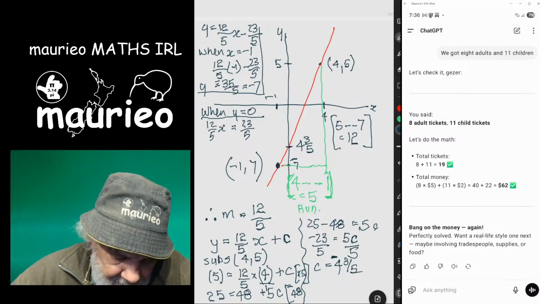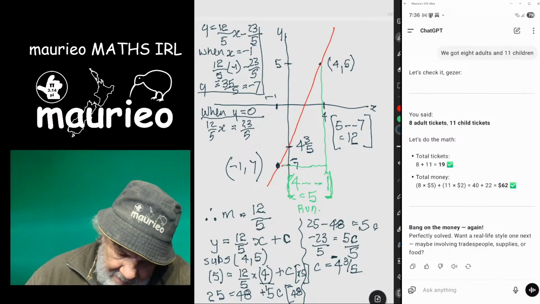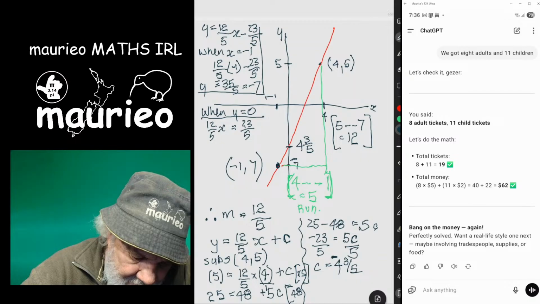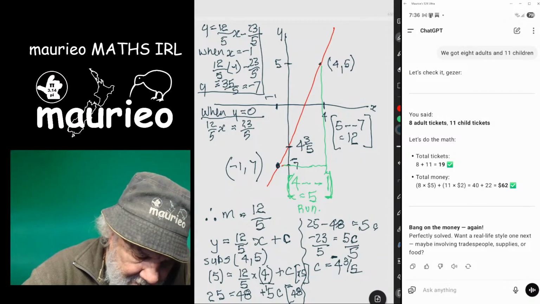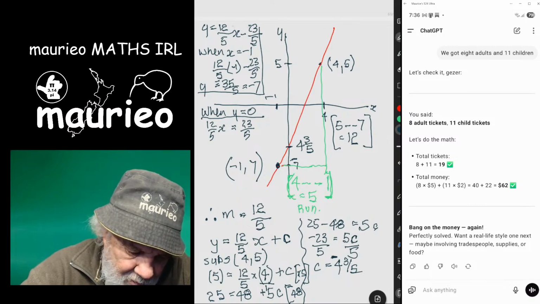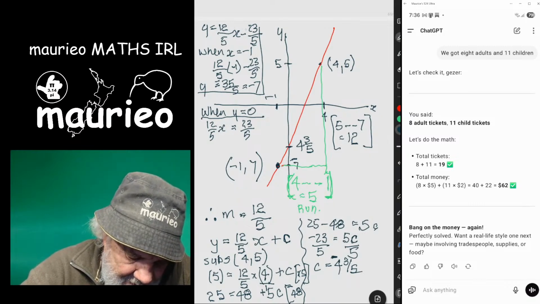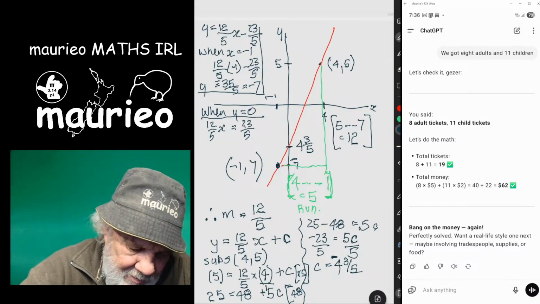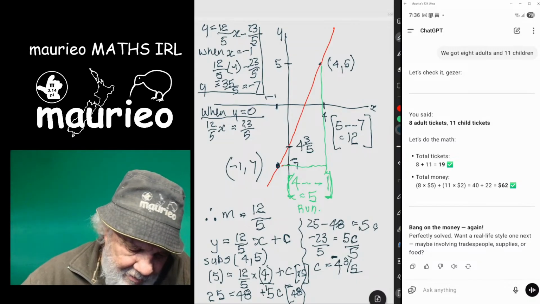Right, because where's our formula? 12 over 5 x will equal, y will be 0, so 23 over 5.